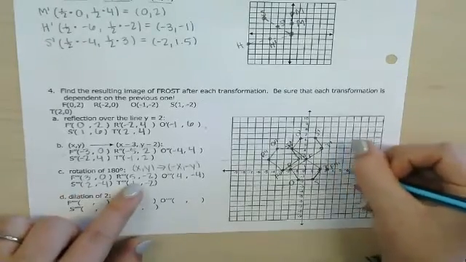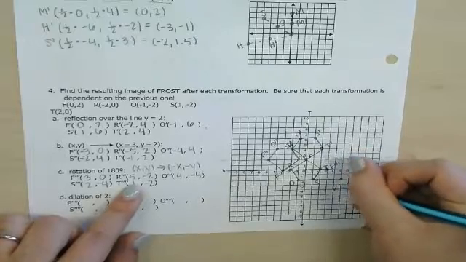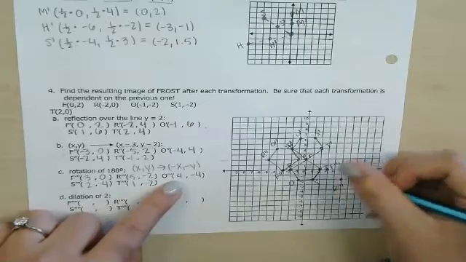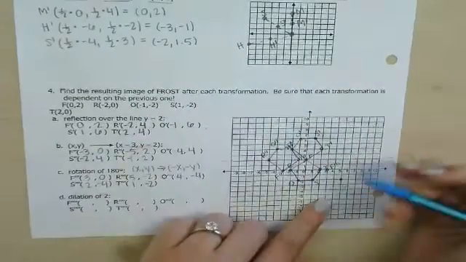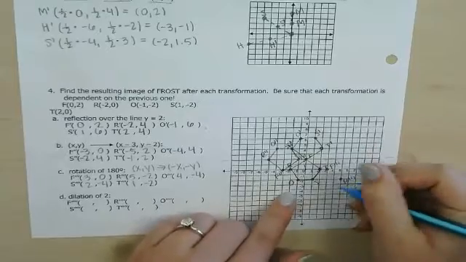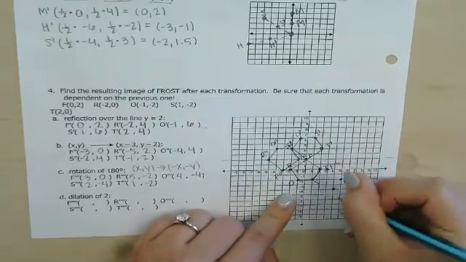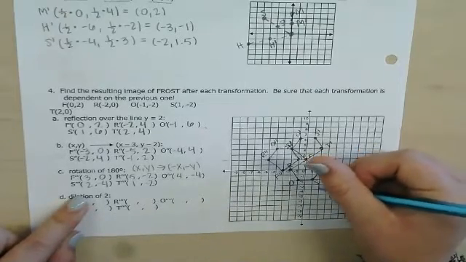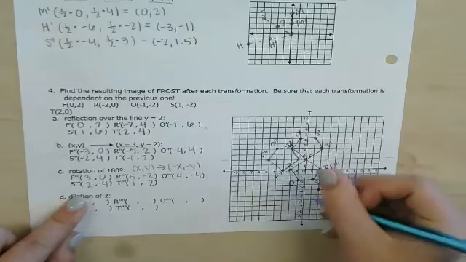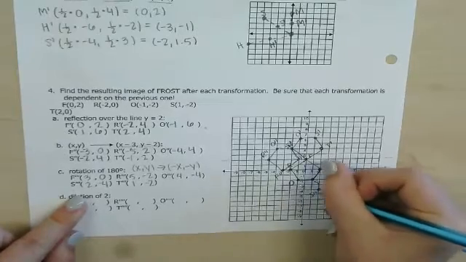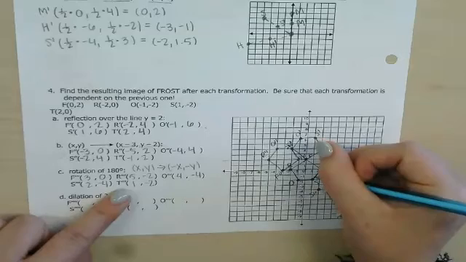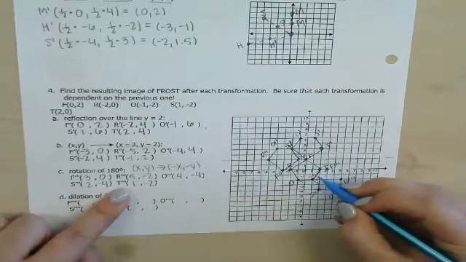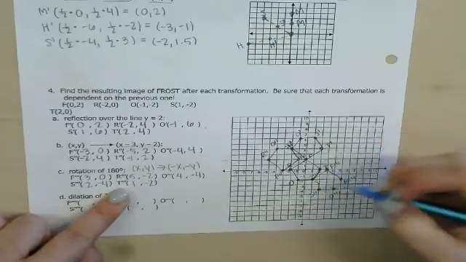I've got a point at 5, negative 2 for R triple prime. 4, negative 4 for O triple prime. 2, negative 4 for S. And then 1, negative 2 for T. Then I'm just going to go and connect these points.